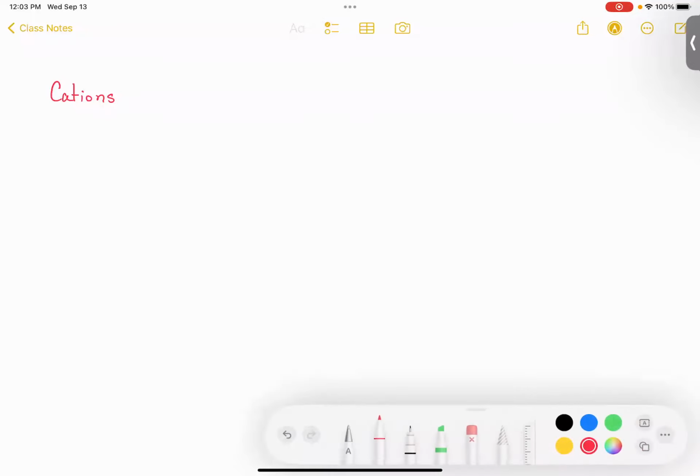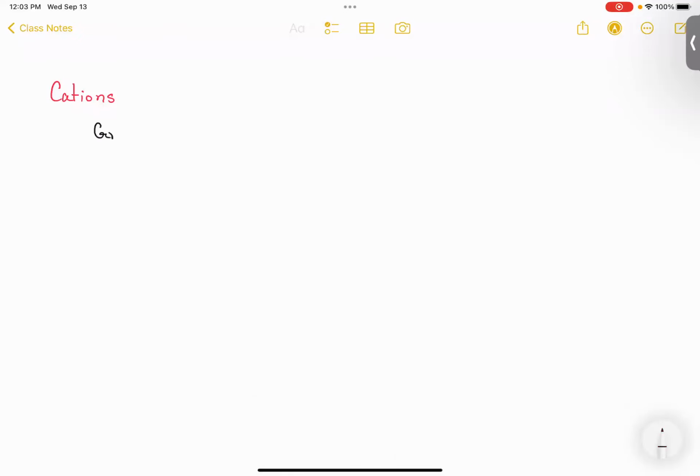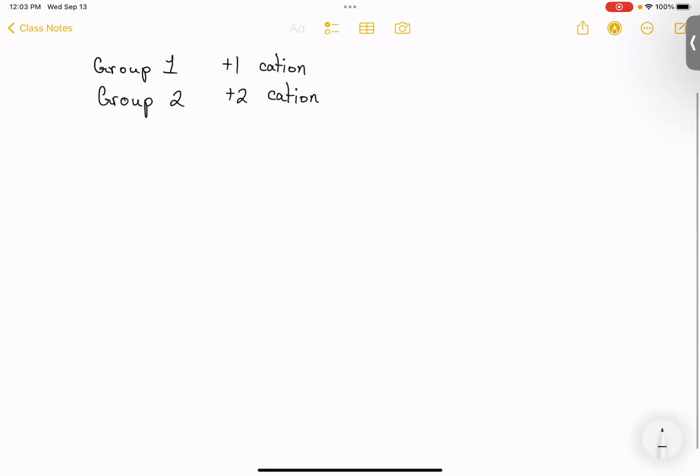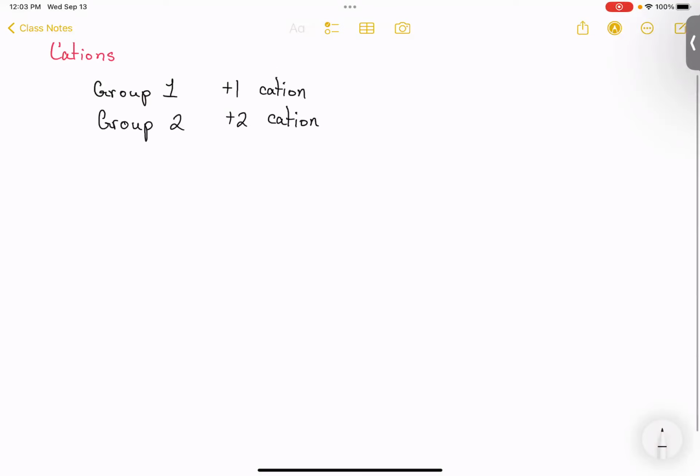As we went through this on Monday, I mentioned that with respect to the cations, group 1 always forms a +1 cation. Group 2 always forms a +2 cation. And then I gave you a stair step starting with silver.